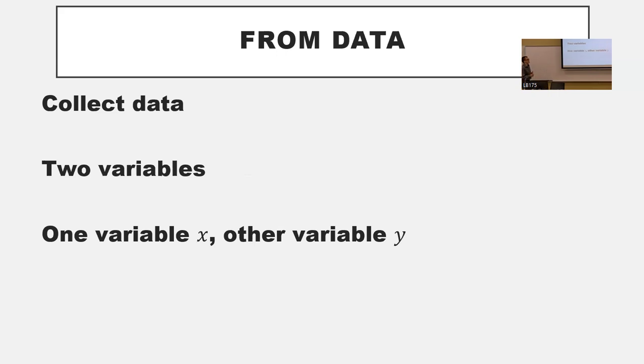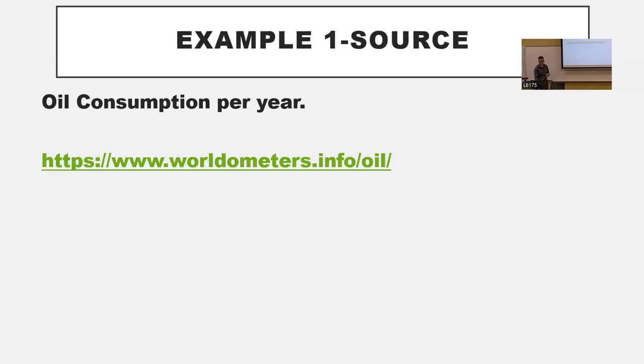Now what we're going to do is we're going to use some collected data. We're going to collect data on 2 variables. One we'll call x, the other we'll call y. Traditionally, you can technically use any letters you want.